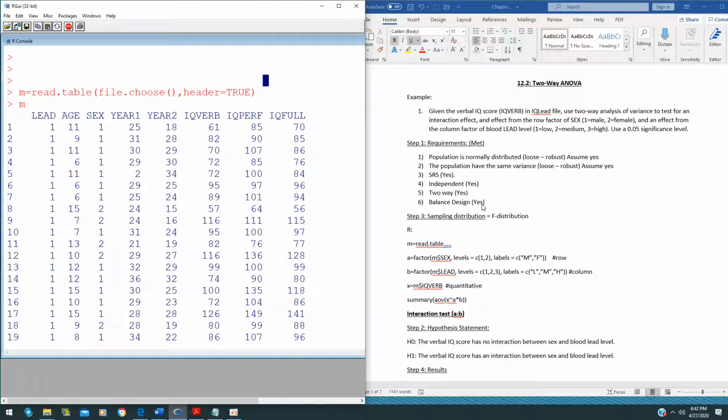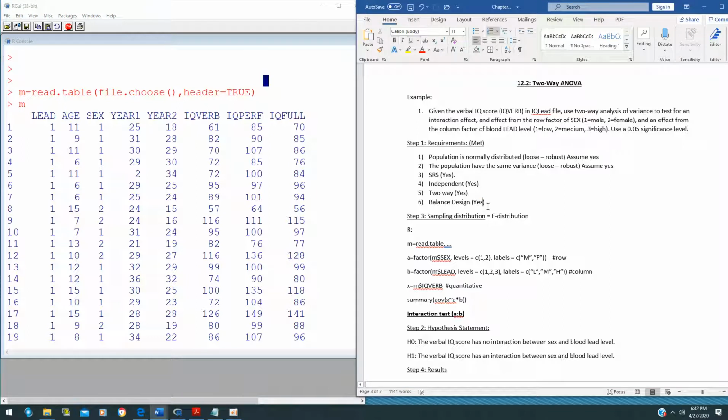So we can figure this out later, but once you put it into R, then you can tell. If you put in the two-way ANOVA and it gives you an error message saying this is not equal or something, that means your design is not balanced.